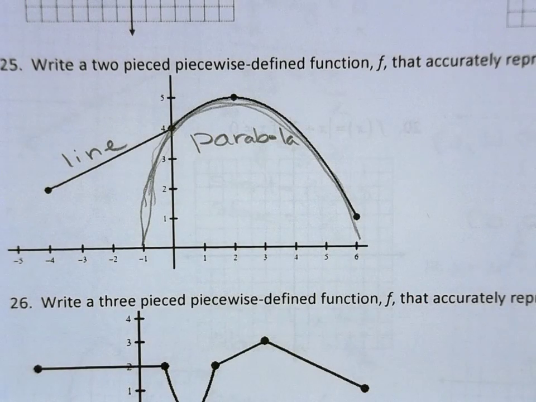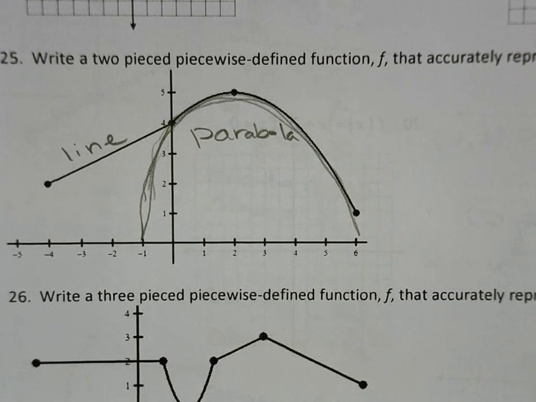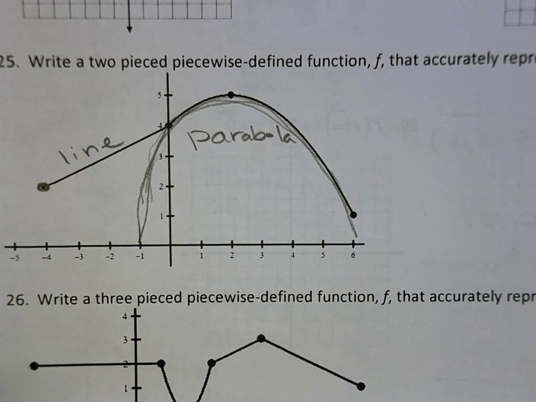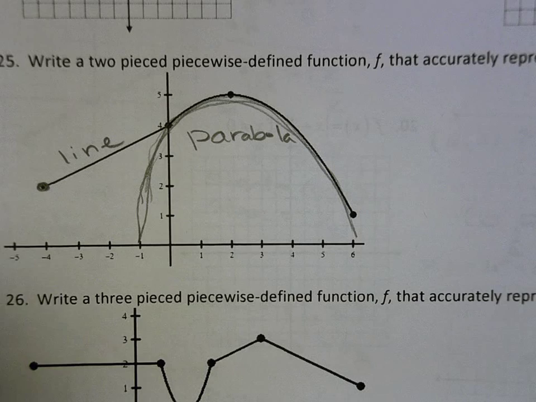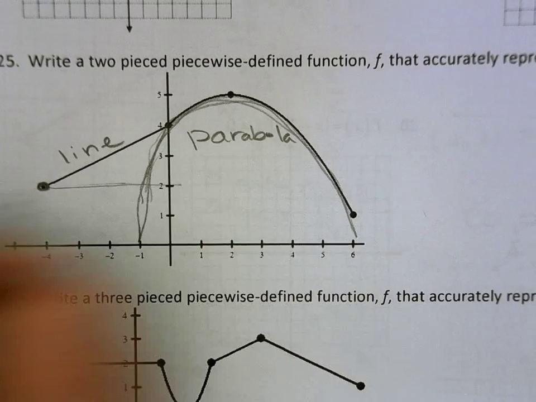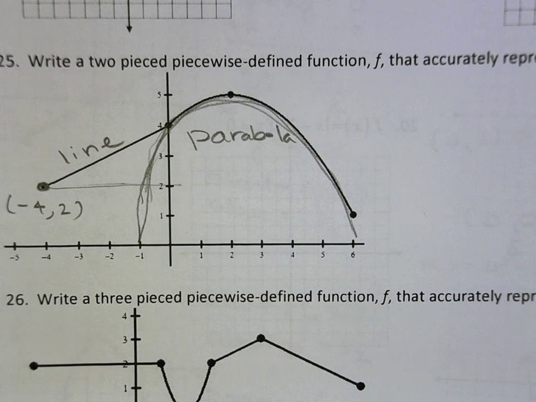So then I just need to come up with those two equations. Okay, so let's do my line first. I can pick any dot, so I'm going to call that my start, which is at -4, 2, and that'll be my h, k.